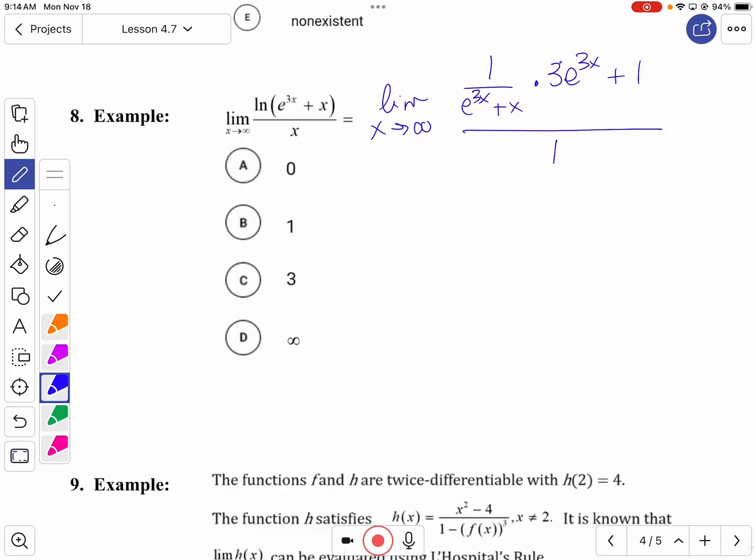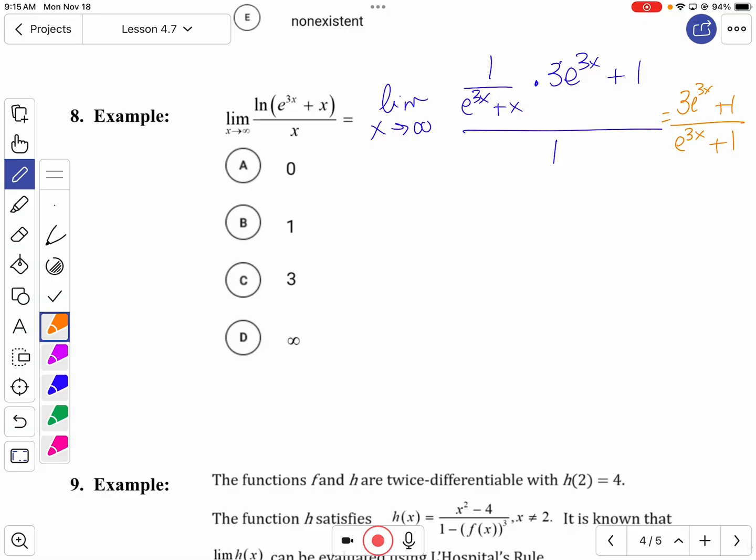Now I need to simplify that a little bit because that's not really helping me. On the top, I've got 3e to the 3x plus 1 over e to the 3x plus 1. If I divide that all by 1, do I really need that extra divided by 1?